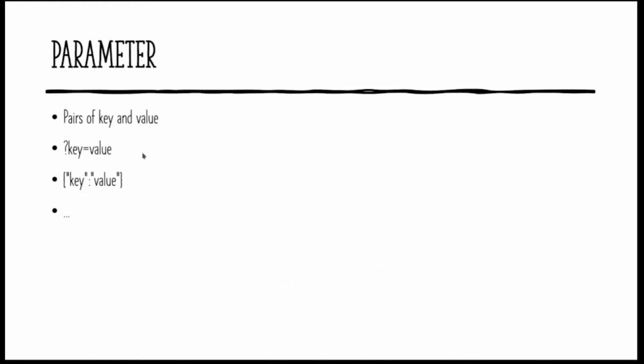And finally, we have parameters. In my opinion, it's just a pair of key and value. If you go further into each language, for example PHP or Ruby, it will have a different way of processing this.